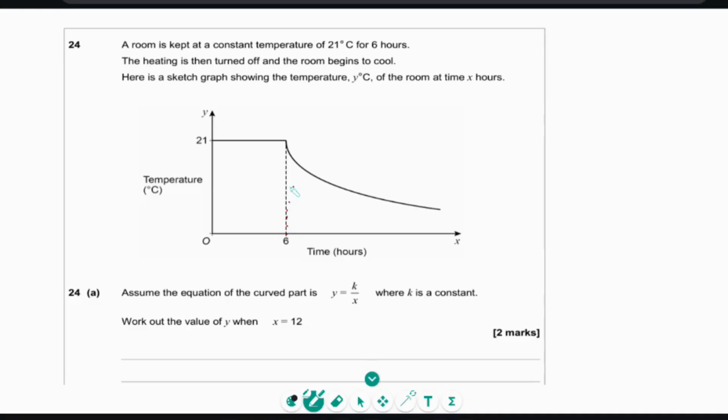So we know when x is 6, y is 21. So let's pop those values in here. Solve the equation, make k the subject by times in both sides by 6, which gives us k is equal to 126.